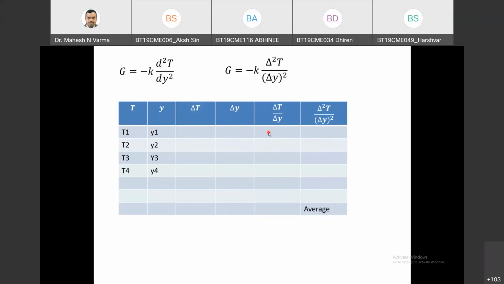Similarly, you can consider this at y1, this at y2. So this minus this divided by y2 minus y1 will give you d2T by dy square. You might have done this so many times in the least square method, in numerical methods actually, while fitting the equation and getting all these constant values.